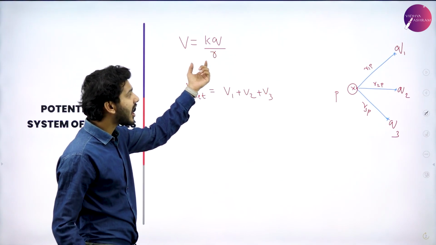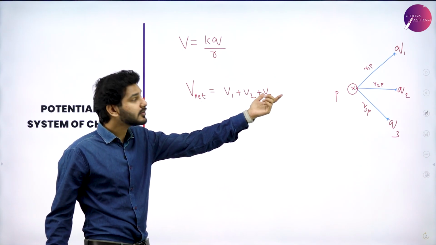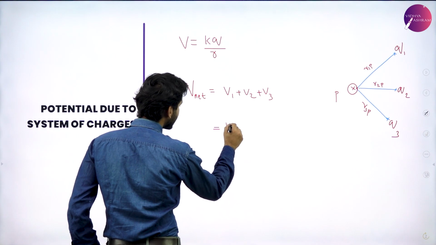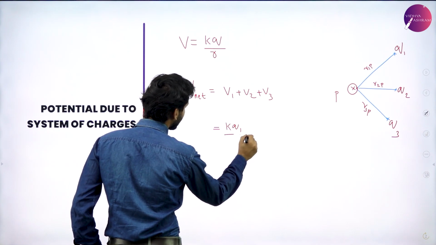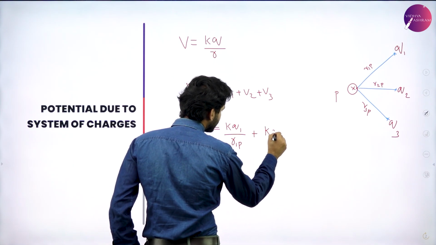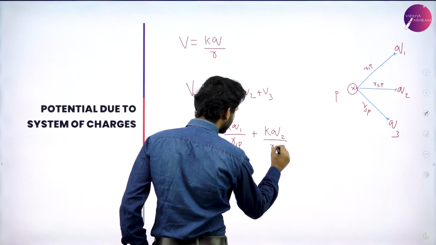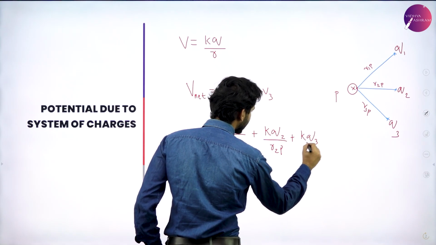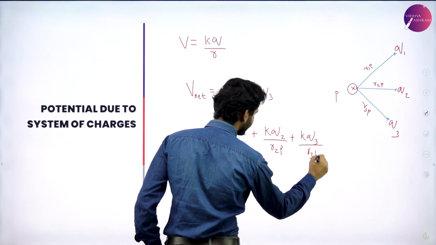And we already have R, which is indicated by R1P, R2P and R3P. For V1, we can write it as KQ1 divided by R1P plus KQ2 divided by R2P, and KQ3 divided by R3P.